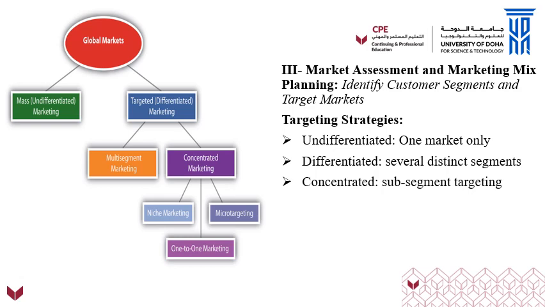The product design, the communication message, the distribution channel might be very good reaching the empty nesters, but the same product, the same communication message, the same distribution channel might not be appropriate if you decide to target families.